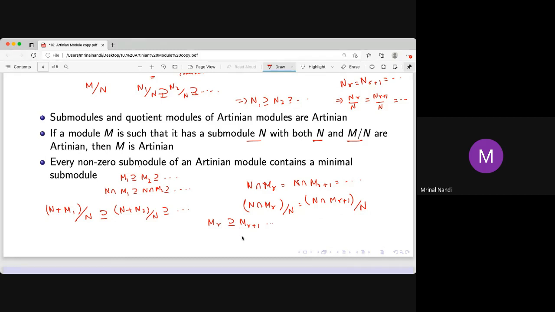Now the intersections with N are also equal, and one is a submodule of the other, and we have these three conditions.